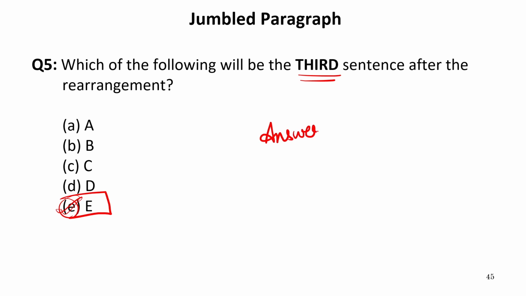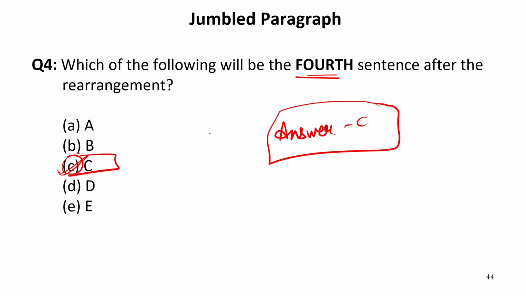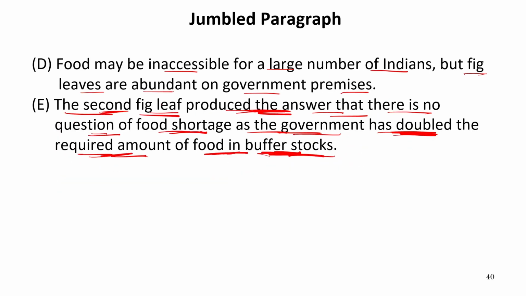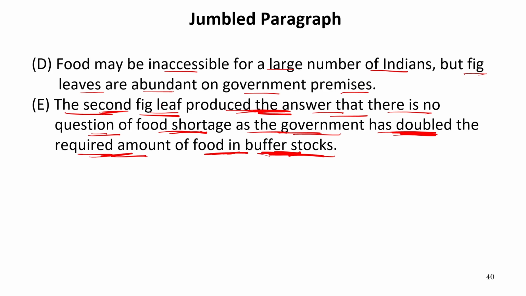So this will be the proper rearrangement of these sentences to form the entire paragraph. Now let us read the entire passage again with the arranged sequence. The first sentence will be D. Food may be inaccessible for a large number of Indians, but fig leaves are abundant on government premises.